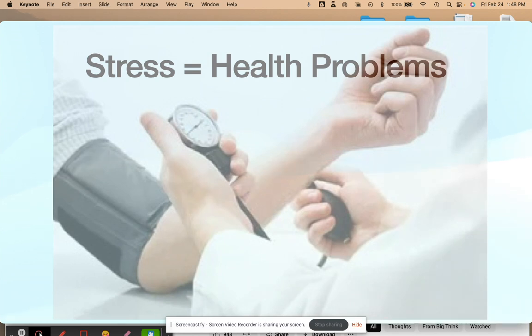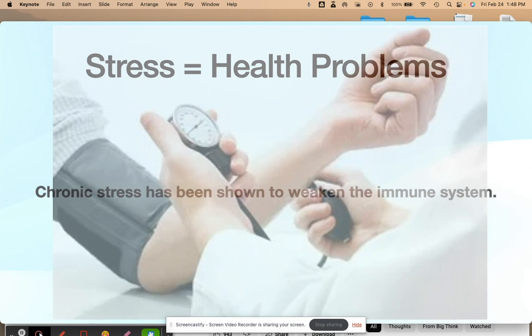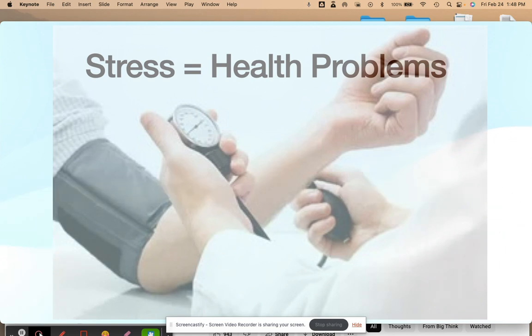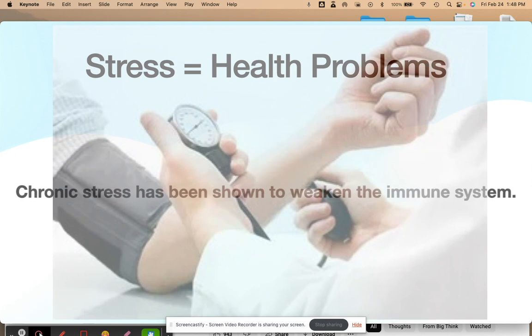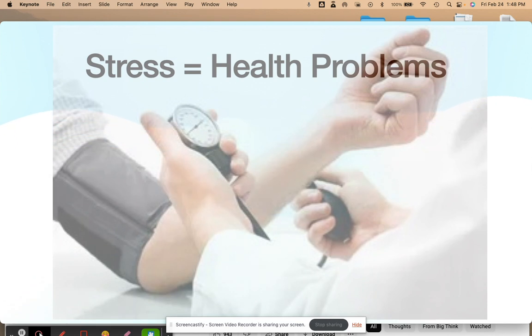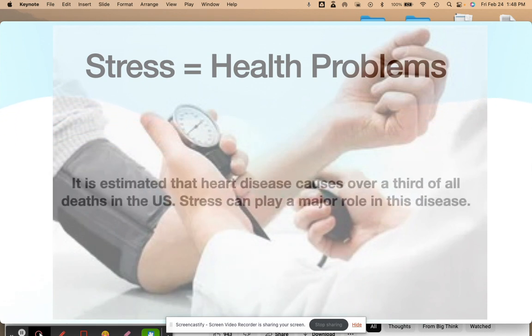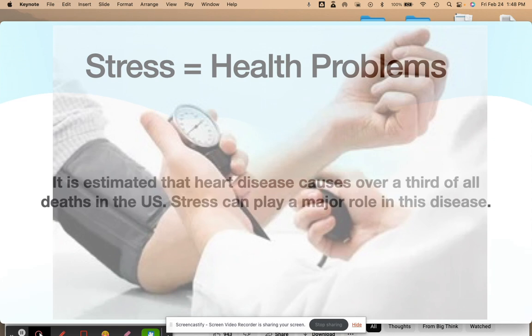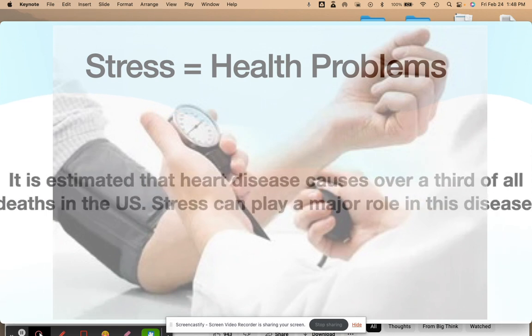Let's take a look at some of the research-based facts concerning stress. Chronic stress has been shown to weaken the immune system. It's estimated that heart disease causes over 30 of deaths in the U.S.